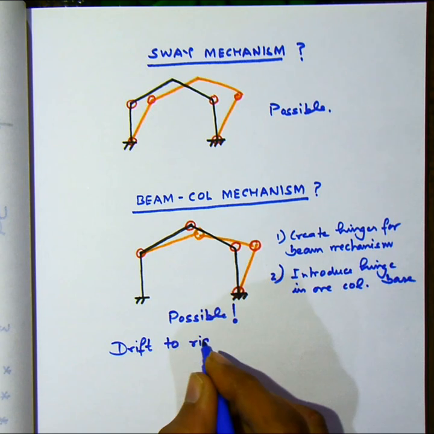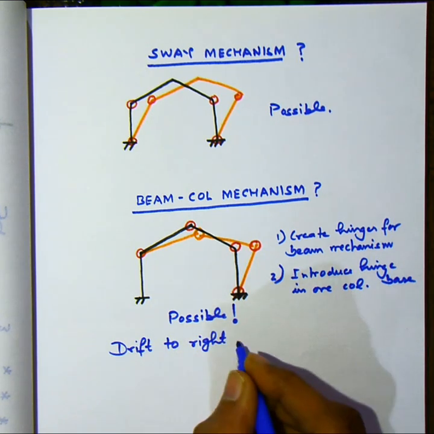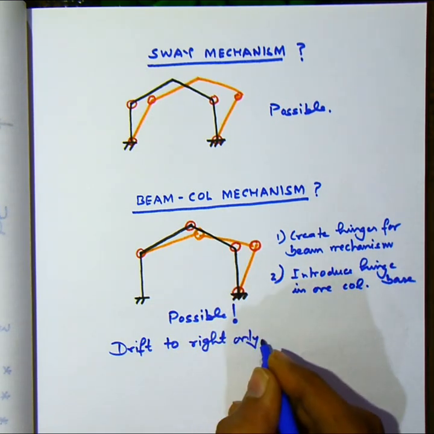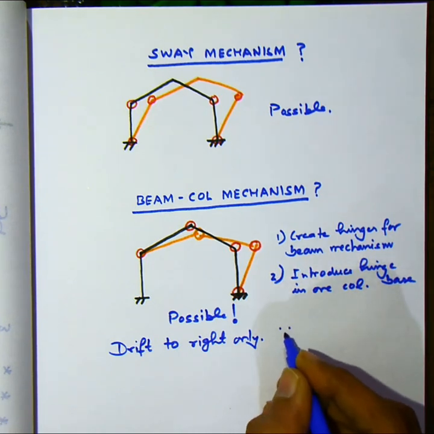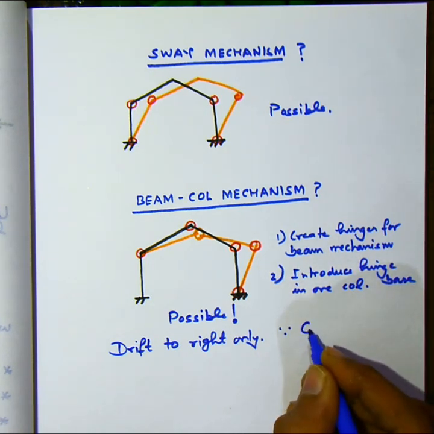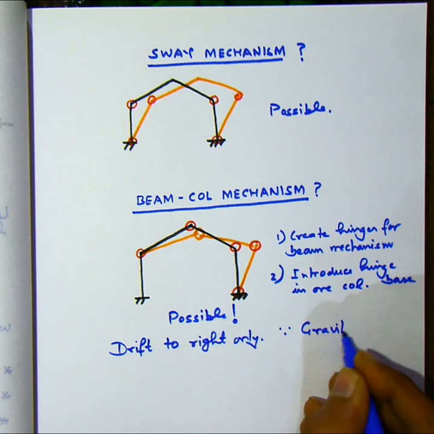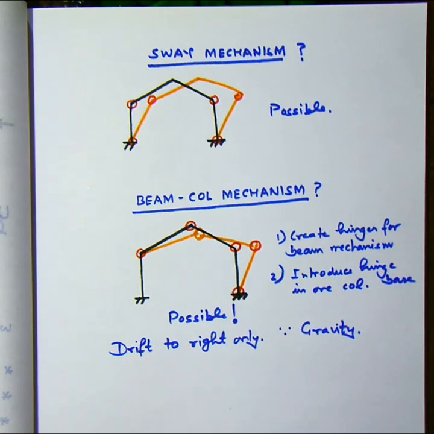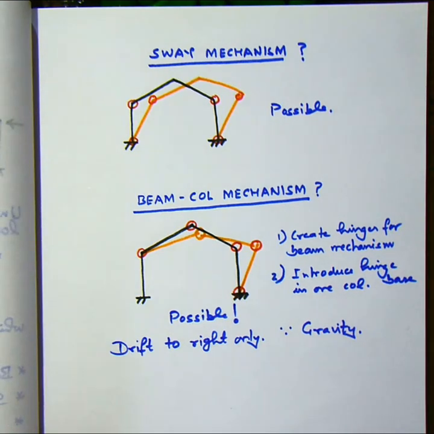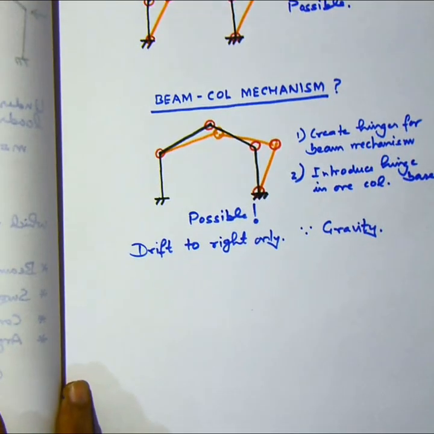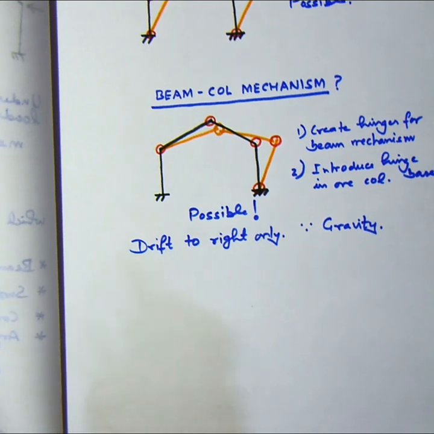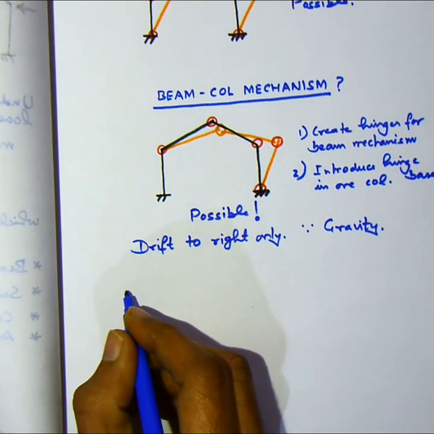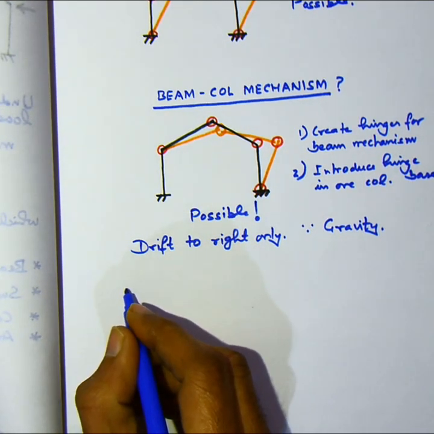Think about it. Can it drift to the left? If yes, how? If no, why? Here is the answer: it can only drift to the right side because gravity is acting. So gravity is preventing drifting to the left.